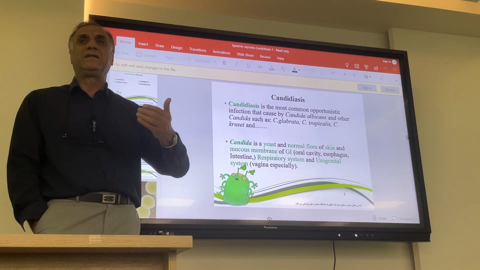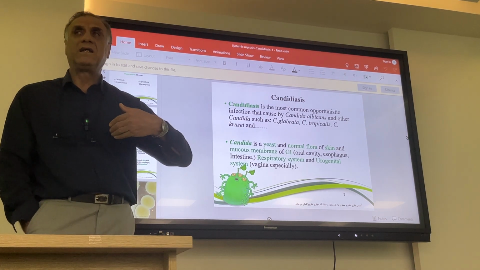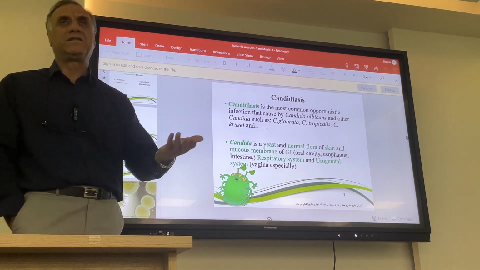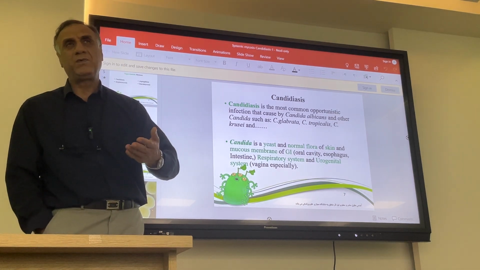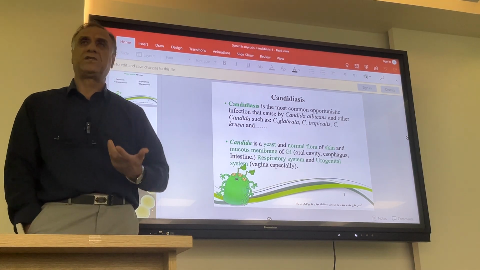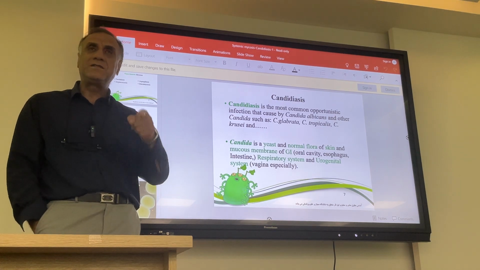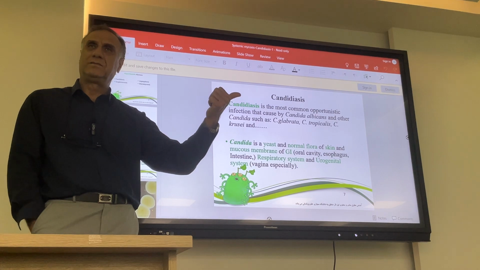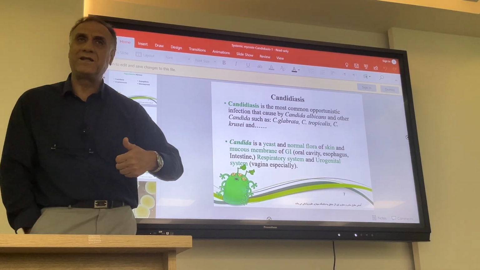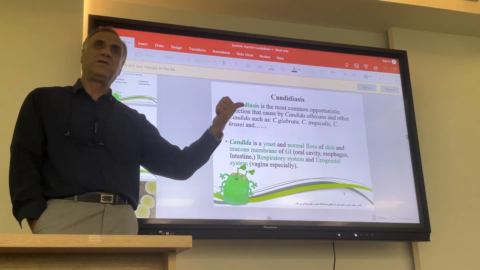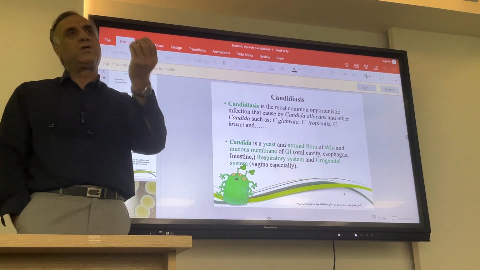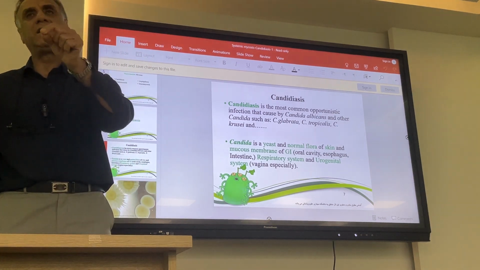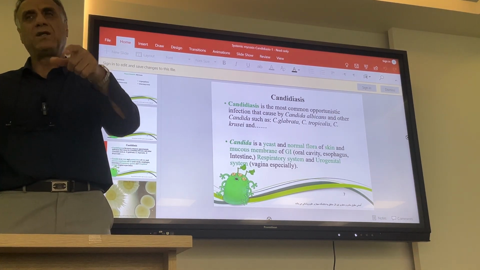And when the condition changes, for example, immunodepression occurs, this normal flora changes to pathogenic form. In normal flora, you can find it in a healthy body.